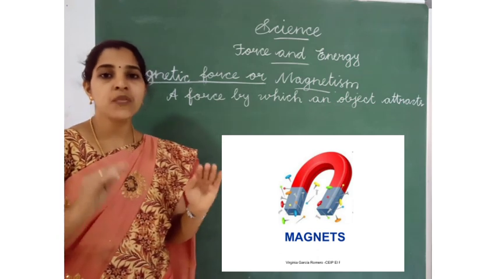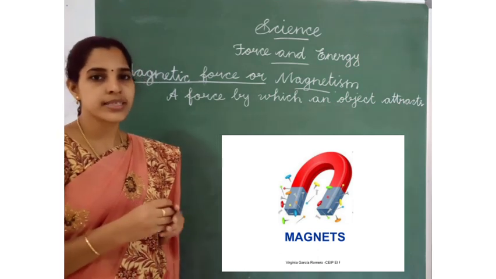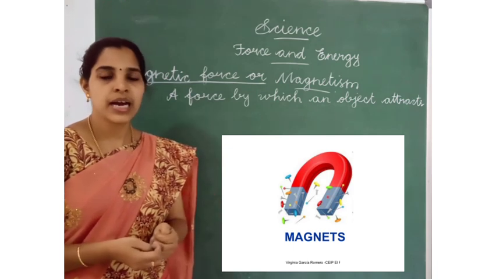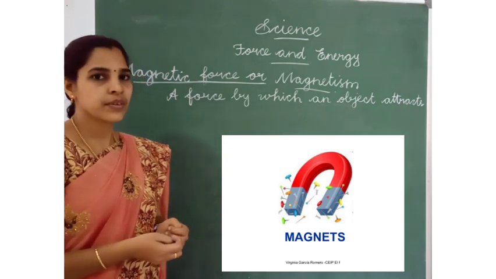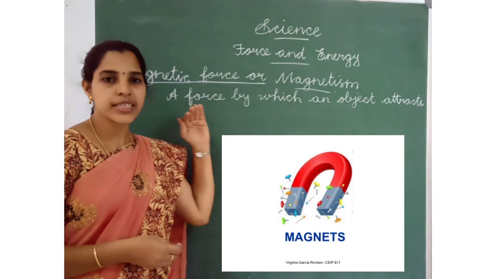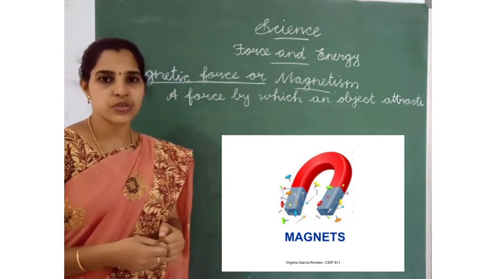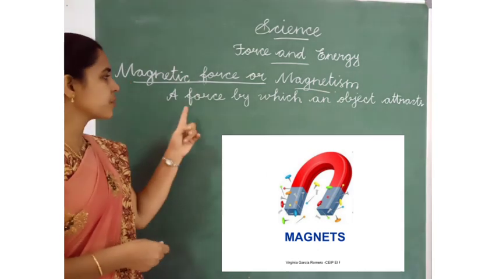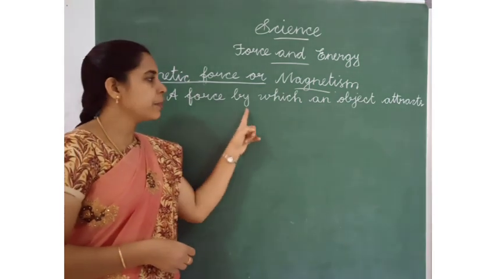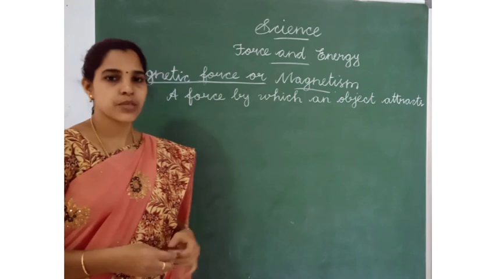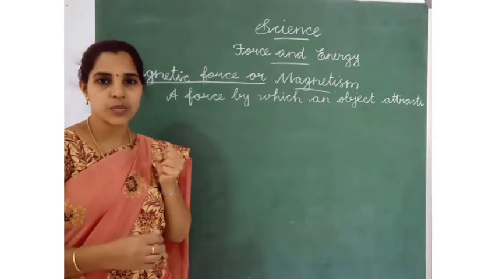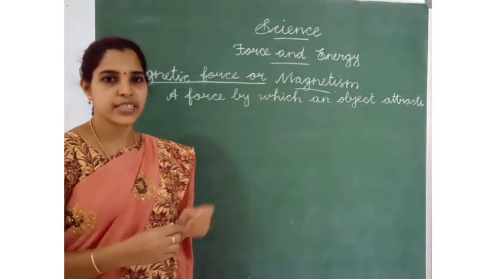These are made of iron or nickel, and magnets will attract them. This pulling or this attraction is called magnetic force. So the magnetic force is a force by which an object attracts.